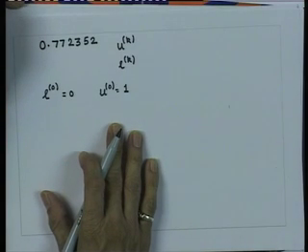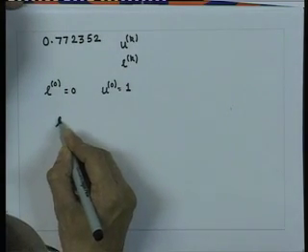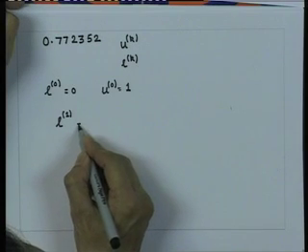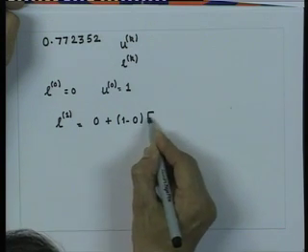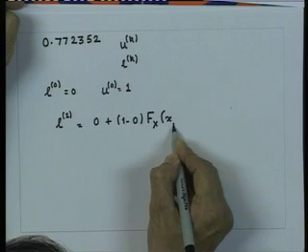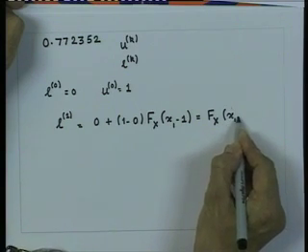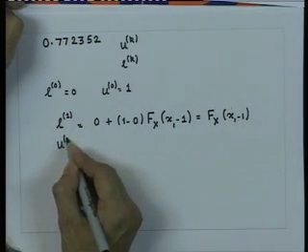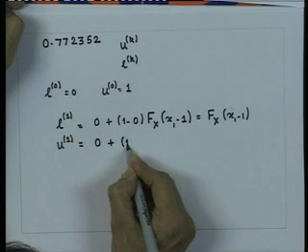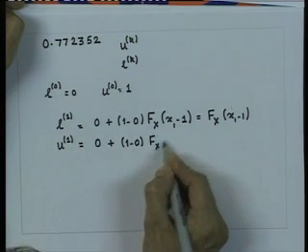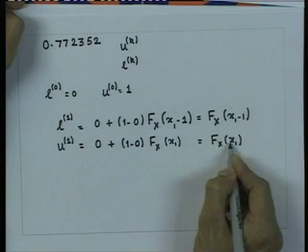After decoding the first element of the sequence x1, the upper and the lower limits become L1 is equal to 0 plus (1 minus 0) times F of x1 minus 1, that is equal to F of x1 minus 1, and the upper limit after decoding of the first element will be F of x1.